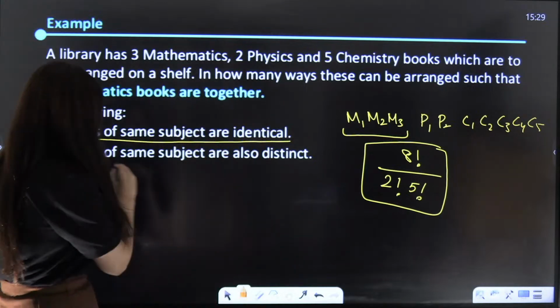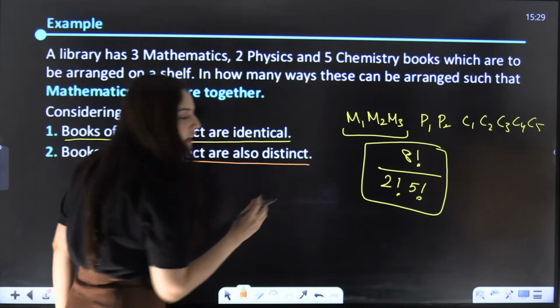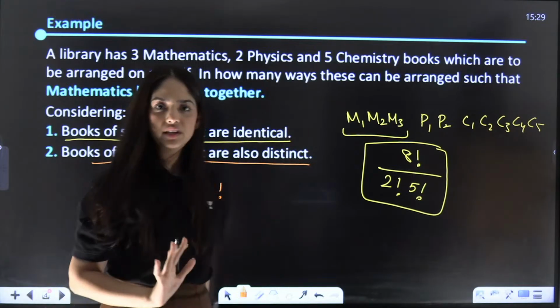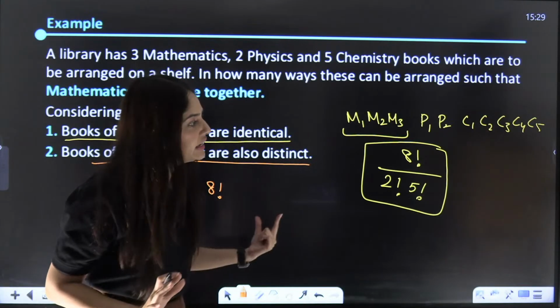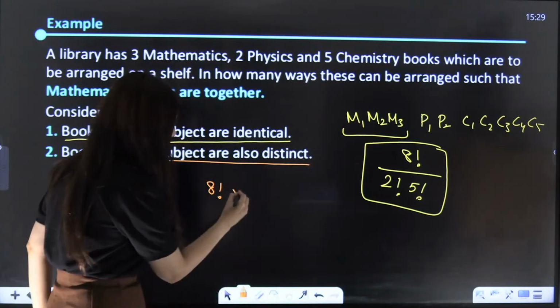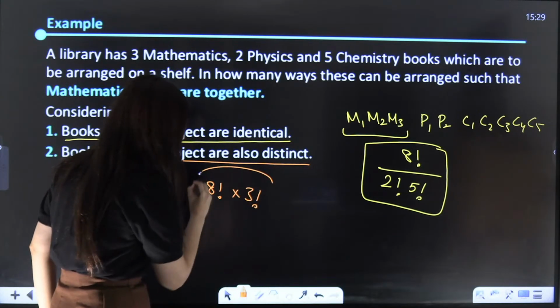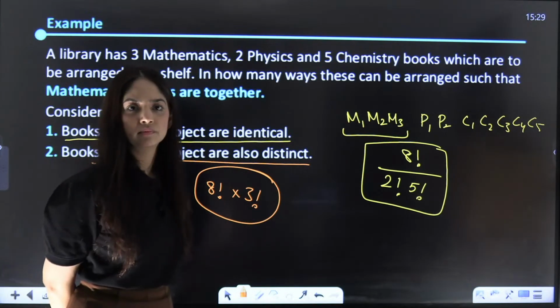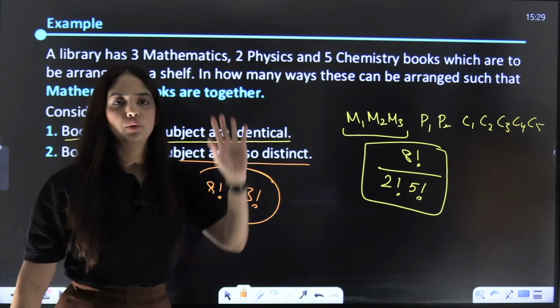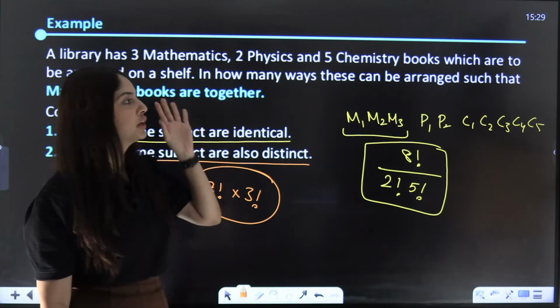Now if books of the same subject are distinct, then we arrange these 8 units, 8 factorial, and we also have to arrange within the unit, so we multiply by 3 factorial. Simply, logically, this is how you handle such problems.